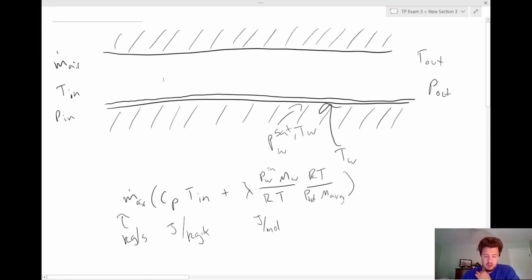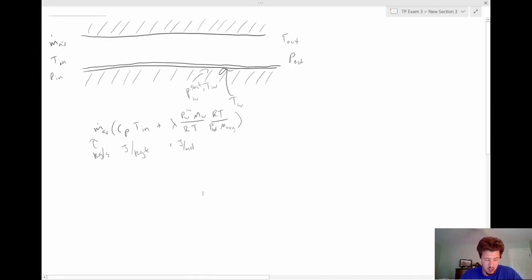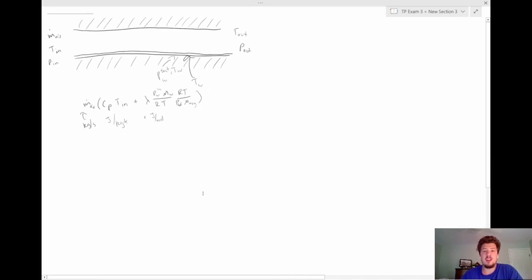Now, before I simplify this, we're going to talk about the enthalpy out. Now, the enthalpy out is going to be very similar to the enthalpy in. We know that we have a mass flow rate going through the system, and we similarly have a heat capacity multiplied by the temperature out.